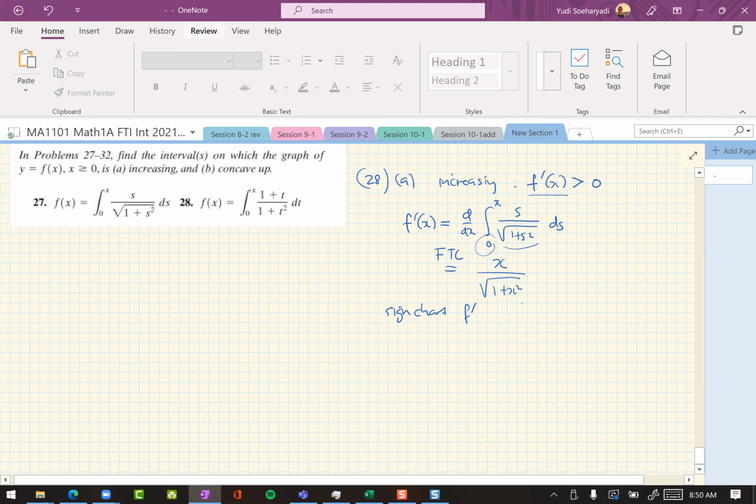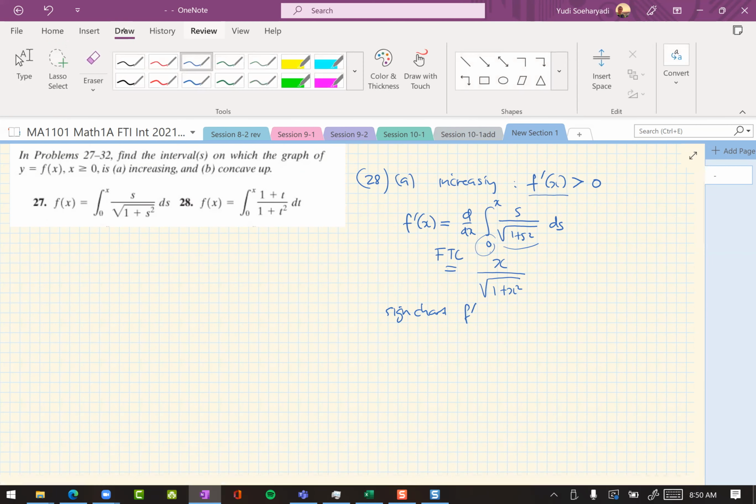So the only change of sign is when x equals 0.